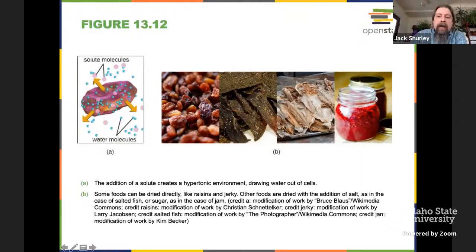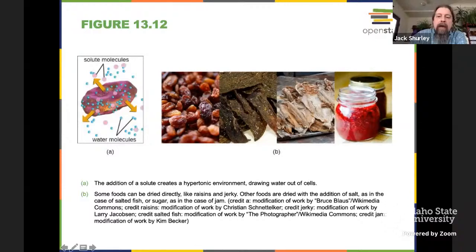So some are dried directly. We've got a little bunch of raisins right here, jerky, as another potential through drying. There's also the possibility of using salt. Salting out something helps to do the same thing, pulling all of the moisture out. Salted fish, the addition of sugars with jams, all of these set the stage to preserve.